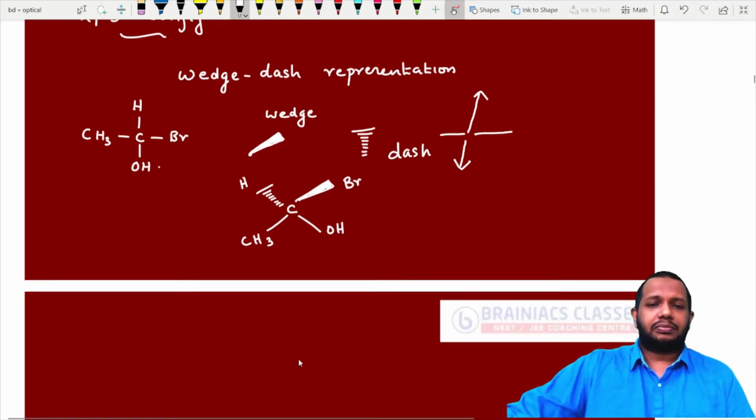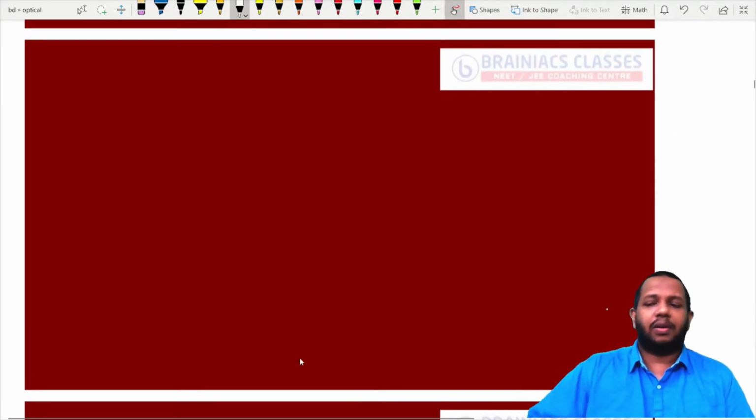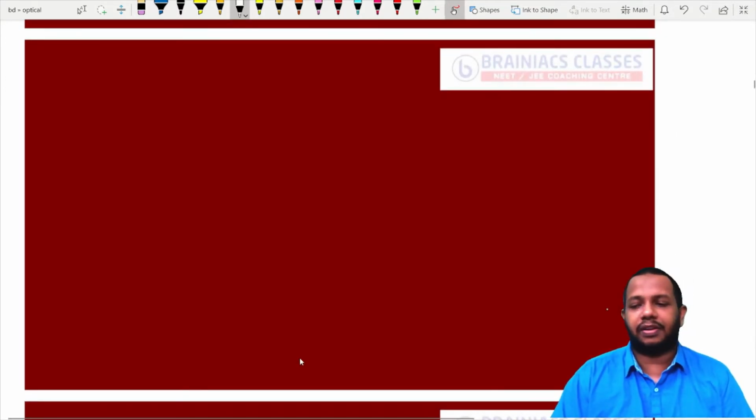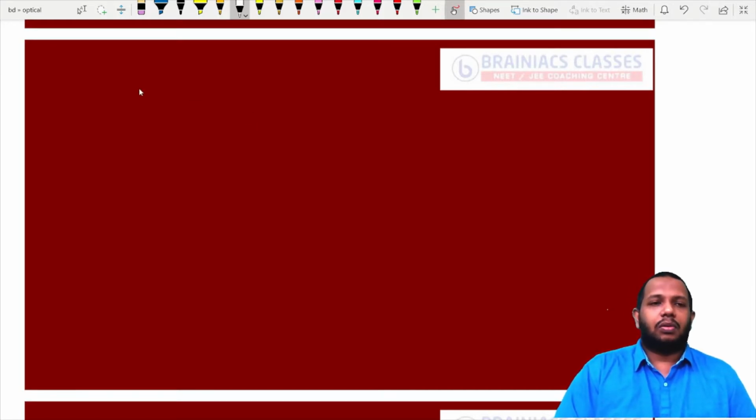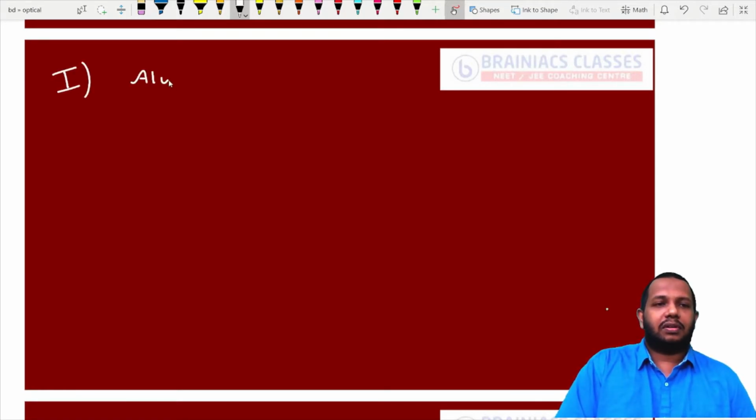Now, whenever you are given an organic compound in wedge dash representation, how will you determine whether that carbon is in R configuration or S configuration? That is what I am going to say next. Steps for that. In the first scenario, this is the first check you need to do.